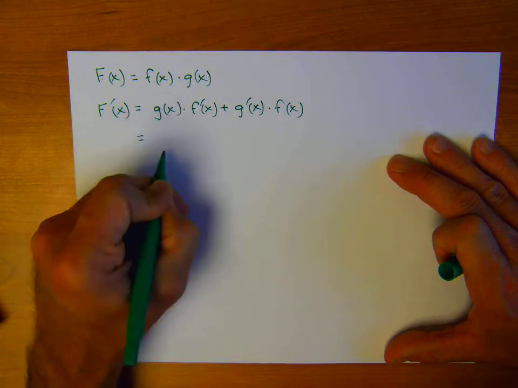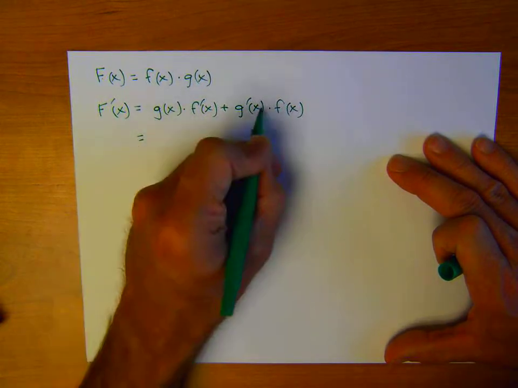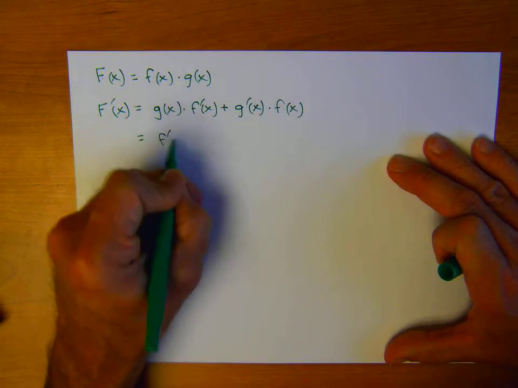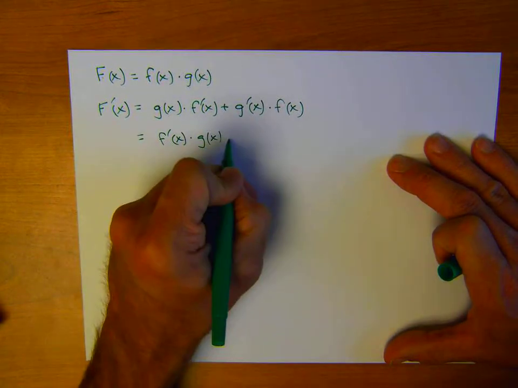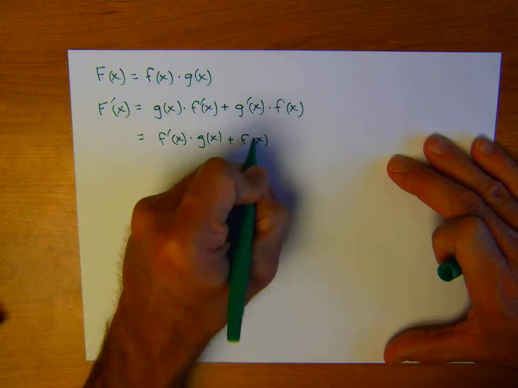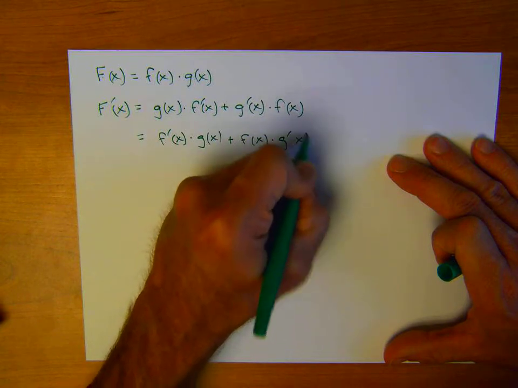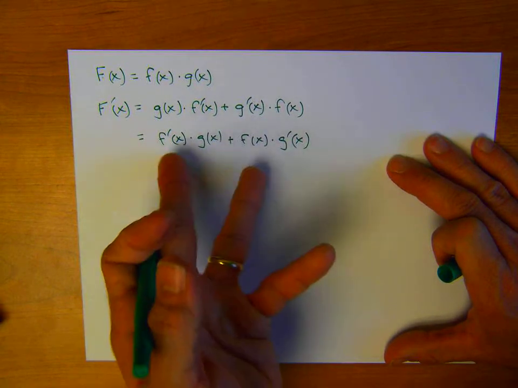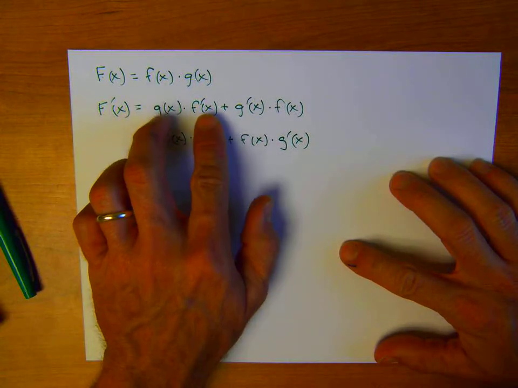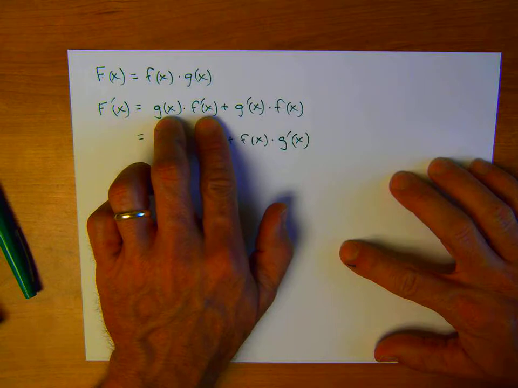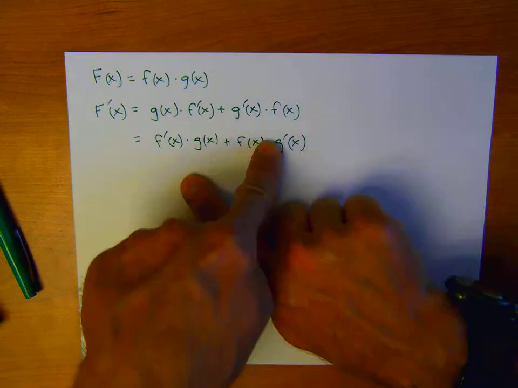Of course, this is equivalent to, if you like your f before your g, f prime times g plus f times g prime. I could also flip these, right? So there's a lot of leeway here because multiplication is commutative, so I can switch these, but addition is commutative too, so I could switch these.